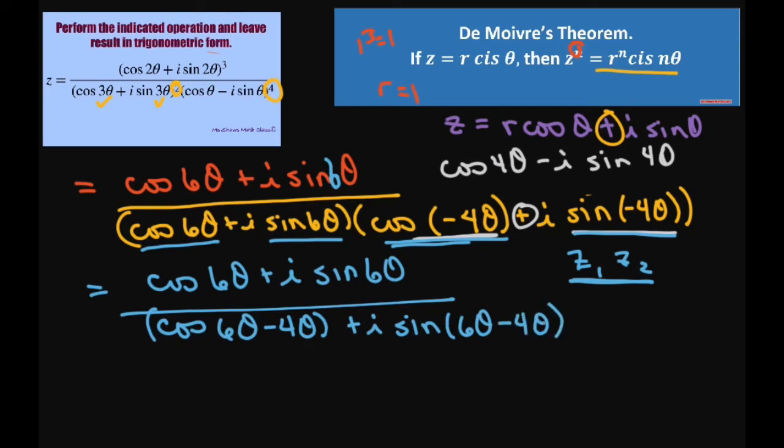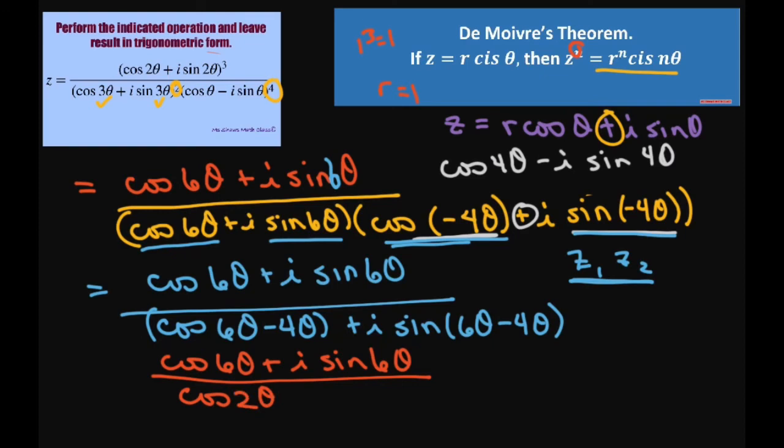Now this gives you cosine of 6 theta plus i times sine of 6 theta divided by cosine of 2 theta plus i sine of 2 theta. And the next step is this. When you're dividing these, that means you subtract.